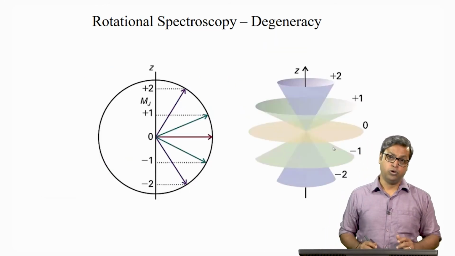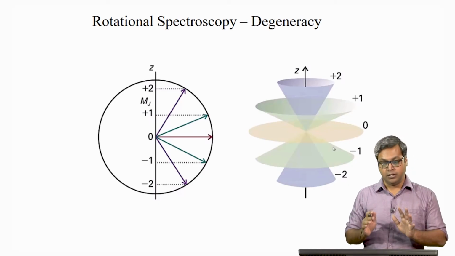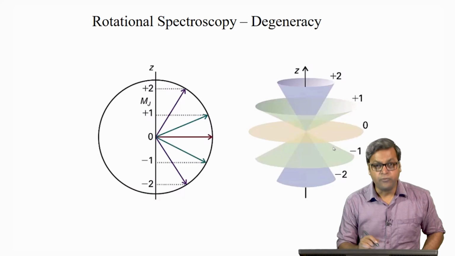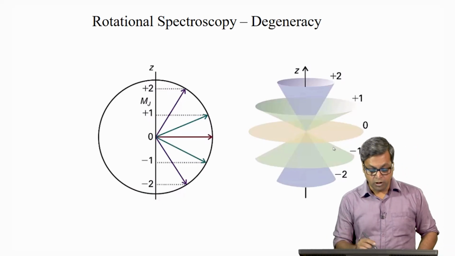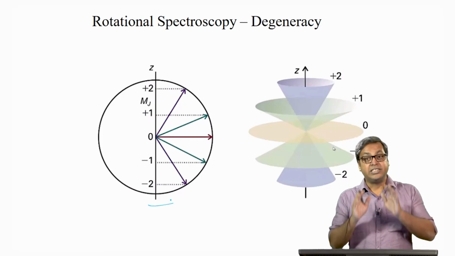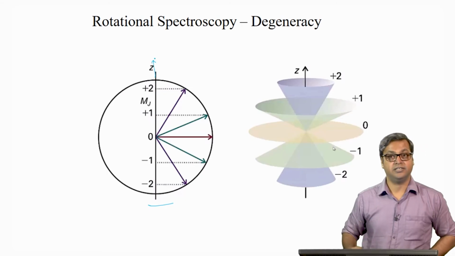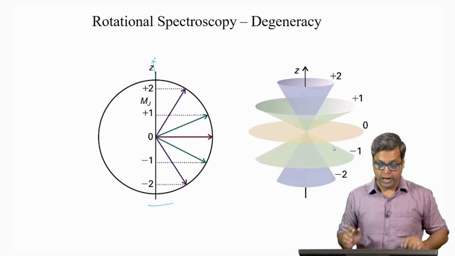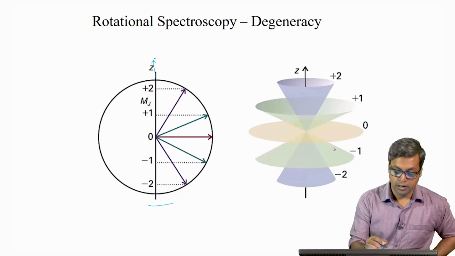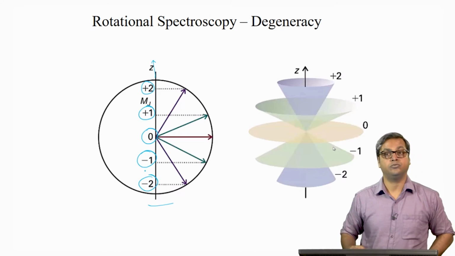So, the issue of spatial degeneracy is complex. Here you see two different representations of spatial degeneracy. On the left, the j vector is projected on the z axis. So, when j equals 2, there are 5 possible values of m j, that is plus 2, plus 1, 0, minus 1 and minus 2.